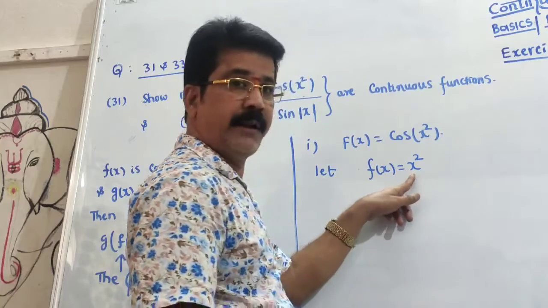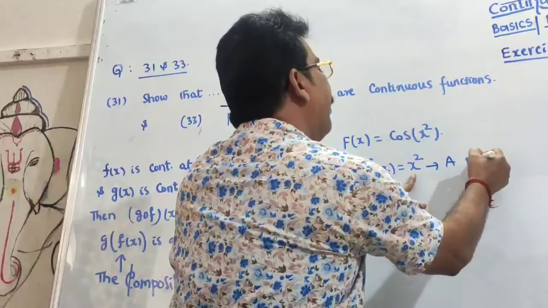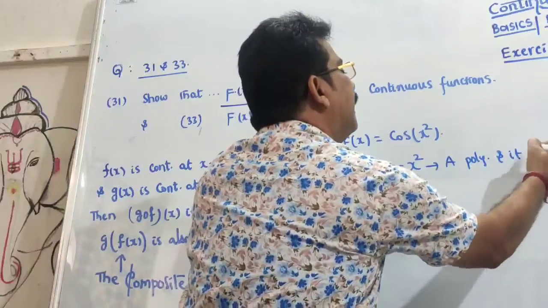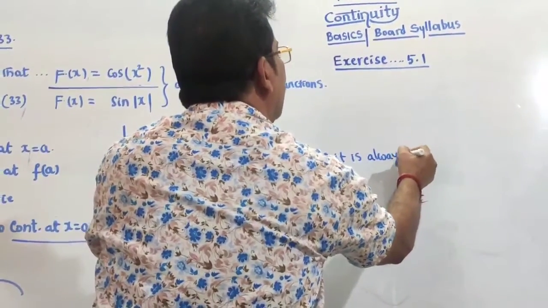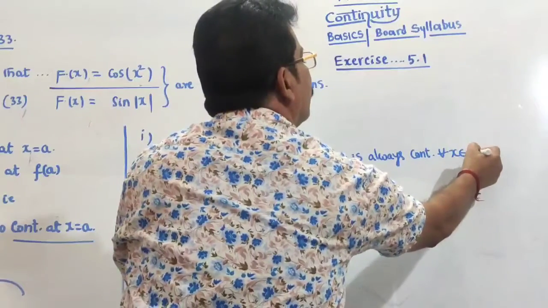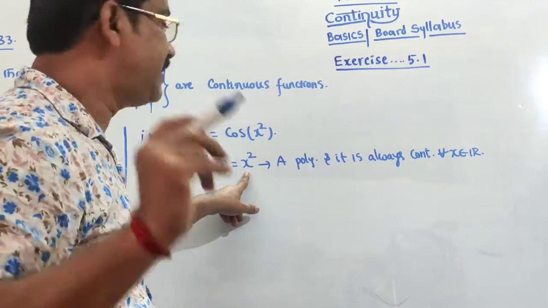Actually f of x equal to x square means it is a polynomial, and it is always continuous for all x belongs to capital R. Already I said in the standard results.